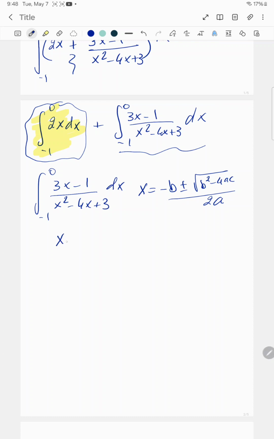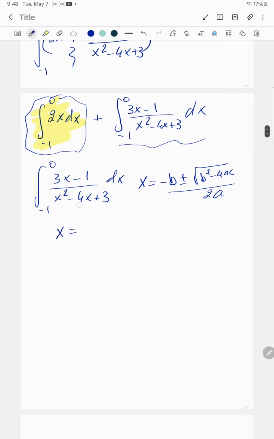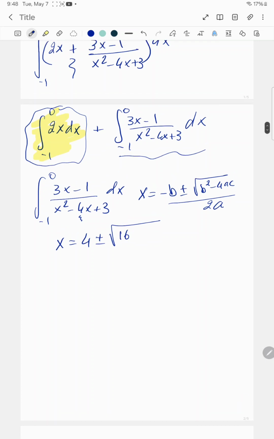So my x equals minus b, my b is equal to minus 4, so minus b is 4, plus or minus the square root of b squared, which is 16, minus 4 times a, which is 1, times c, which is 3, and all that divided by 2 times 1, which is 2.